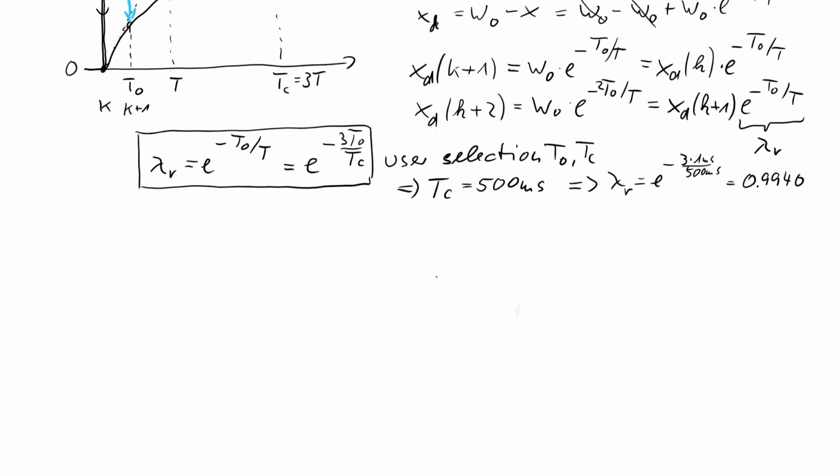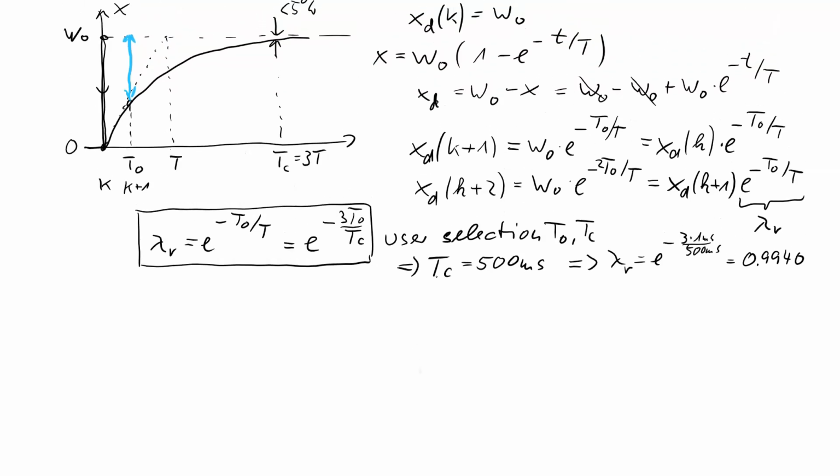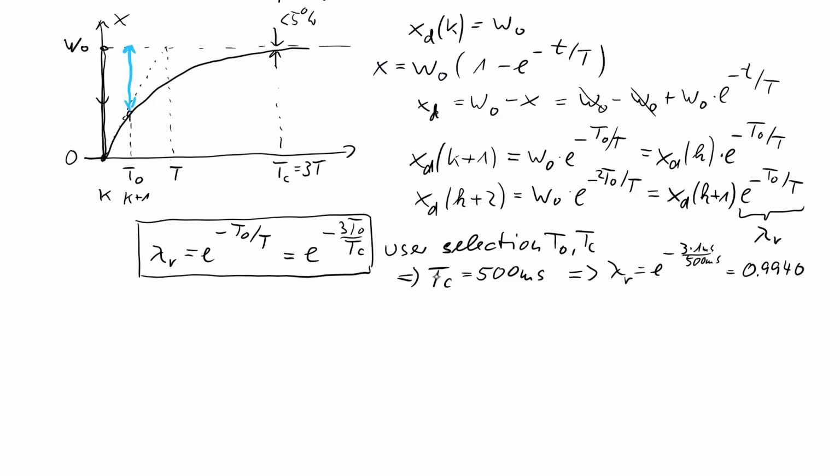So we know that in each step I want to reach the final value within 5% in 500 milliseconds. There are 500 steps. If I do this 500 times, then I should be within a 5% tolerance range. Check it. Do this reduction 500 times. What happens?